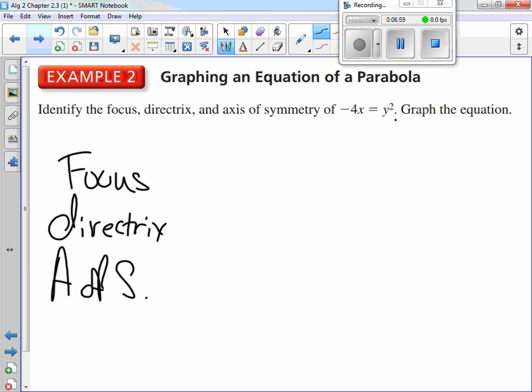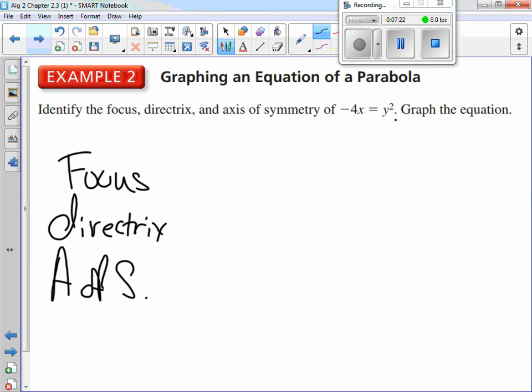The one in red, the one I wrote on the whiteboard in red, the one that has y squared, yes? That's the first thing I look at, and I see which one this matches up to. I have y squared, so I'm looking at the equations and all the information dealing with the one with y squared.